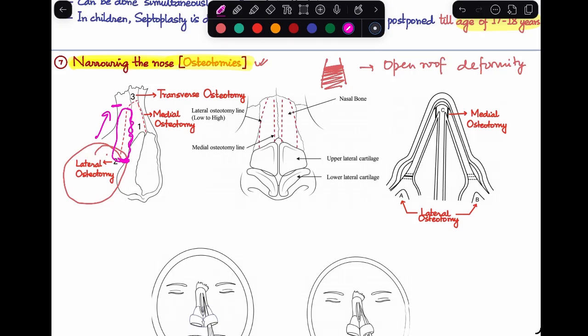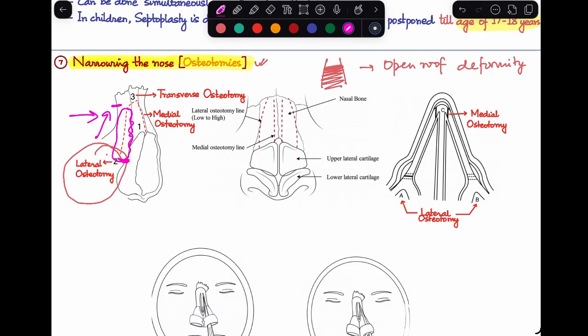And the purpose of giving the lateral osteotomy cut is that we are freeing up the nasal bone so that we can push the nasal bone inwards and narrow the nasal cavity as much as we require. So depending upon the extent of narrowing that we require, we will be giving the lateral osteotomy cut at that region.